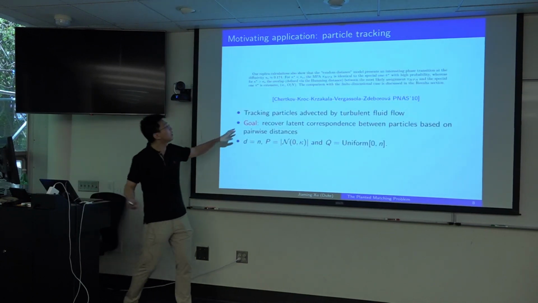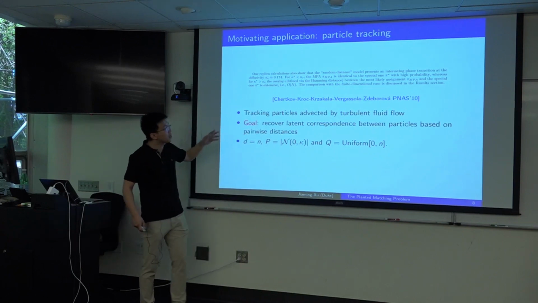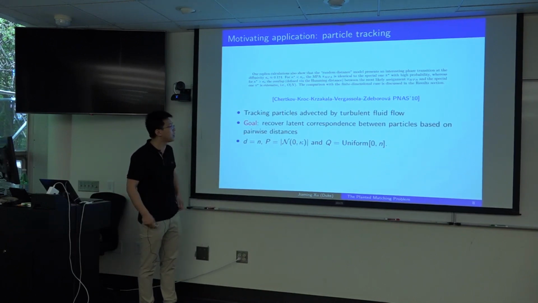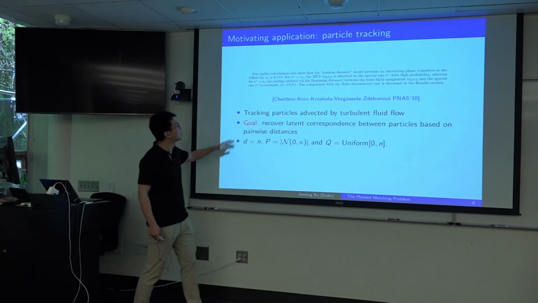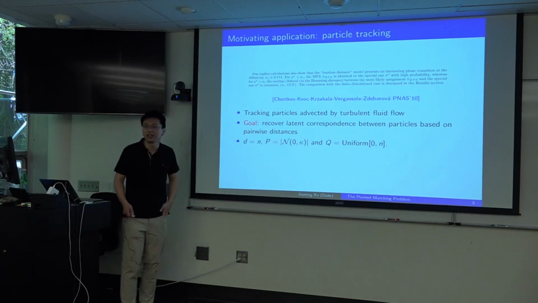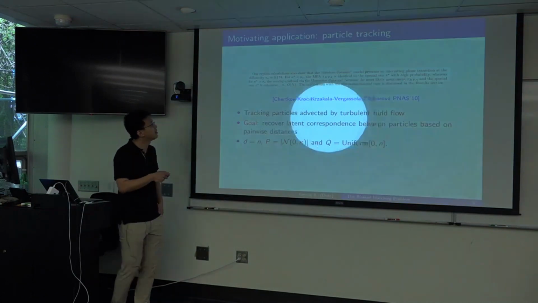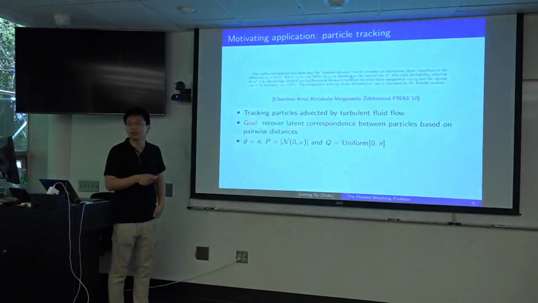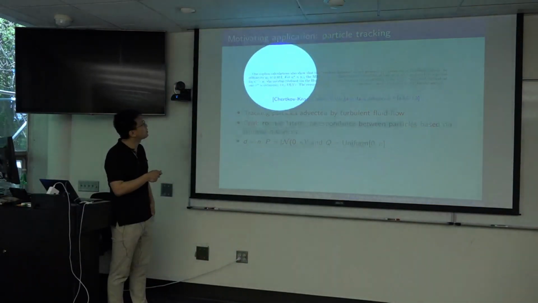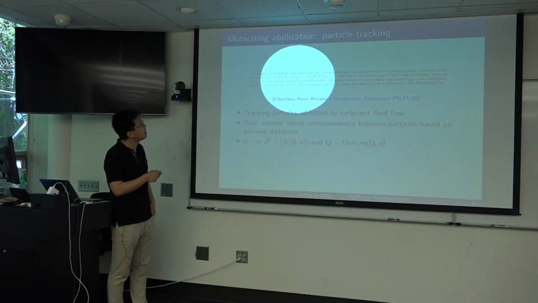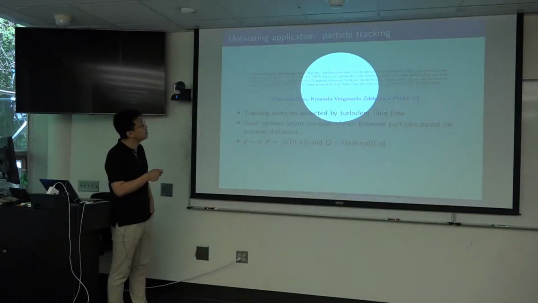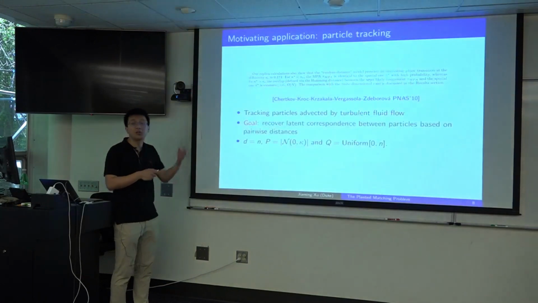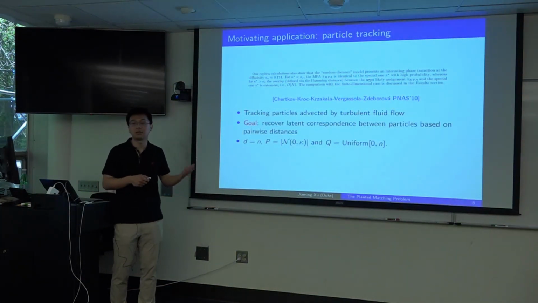Okay, so this is actually how I got into this problem. I just want to tell you a little bit of the history behind this work. When I read this paper, I noticed they made a very shocking prediction. They call this a random distance model, by the way. They have a precise prediction about how large this kappa, the noise variance, needs to be so that the maximum likelihood estimator coincides with the true permutation.